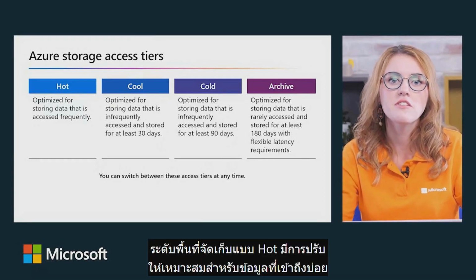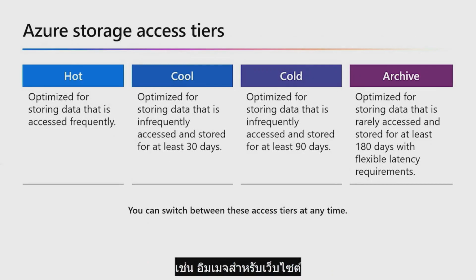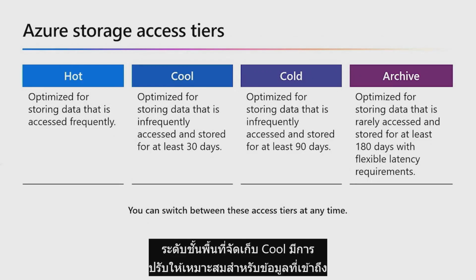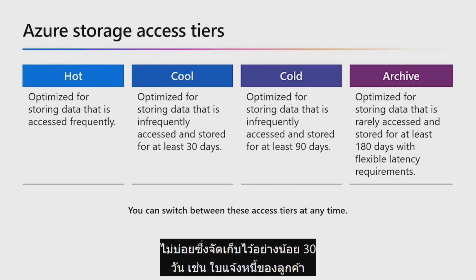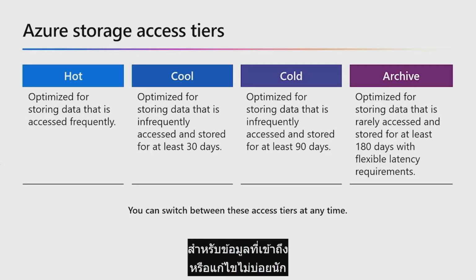The hot storage tier is optimized for frequently accessed data, such as images for a website. The cool storage tier is optimized for infrequently accessed data stored for at least 30 days, such as customer invoices. The cold tier is an online storage option optimized for data that is infrequently accessed or modified.